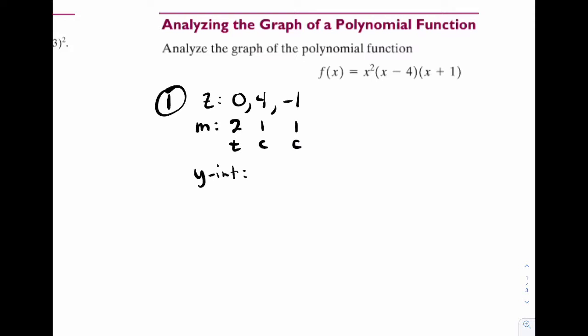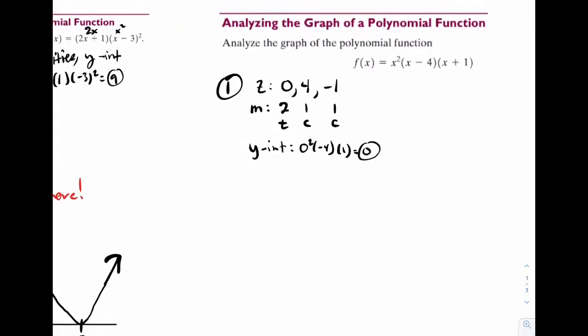If I plug in 0 to this whole expression, take a look at this: 0 squared times negative 4 times 1. 0 times anything is 0, which means anytime you have an x at the front like that, the y-intercept should always be 0. That's very important.